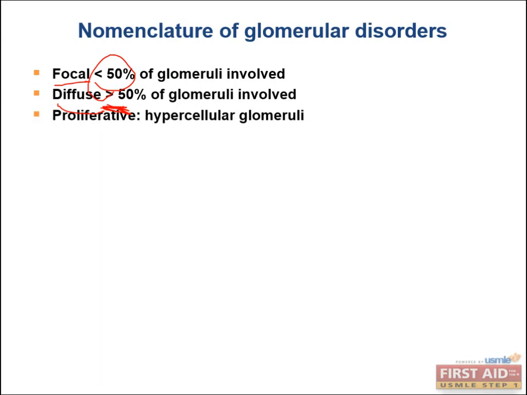Now, proliferative disorders refer to disorders where there is an abnormal increase in the number of cells in the glomeruli, such as diffuse proliferative glomerulonephritis, where it looks like there's just a whole lot of cells in the glomerulus, more than normal.